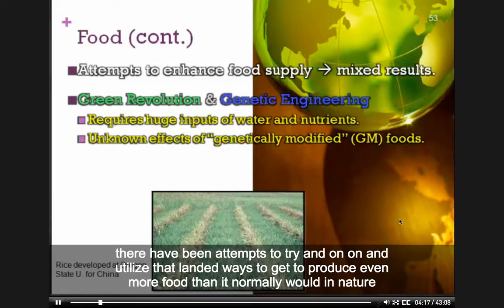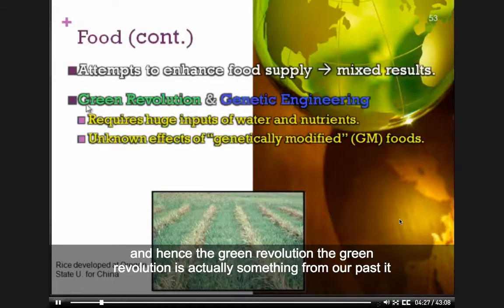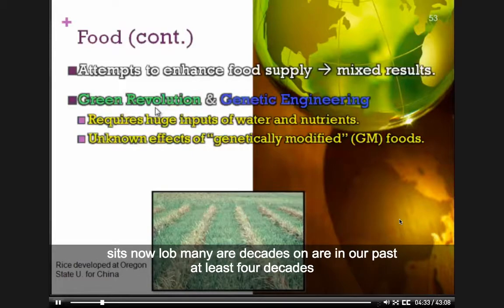And there have been attempts to utilize that land in ways to get it to produce even more food than it normally would in nature, and hence the Green Revolution. The Green Revolution is actually something from our past. It's now many decades in our past, at least 4 decades.